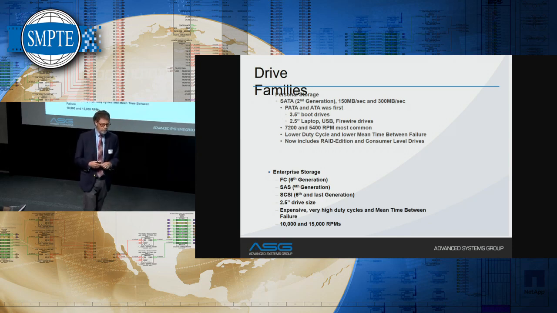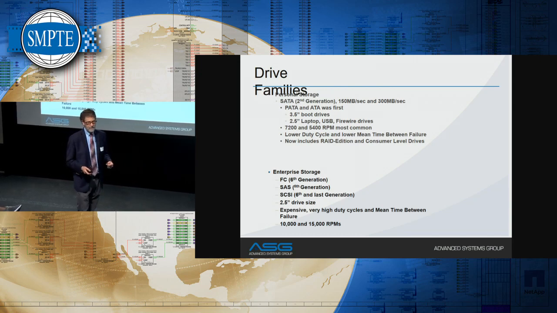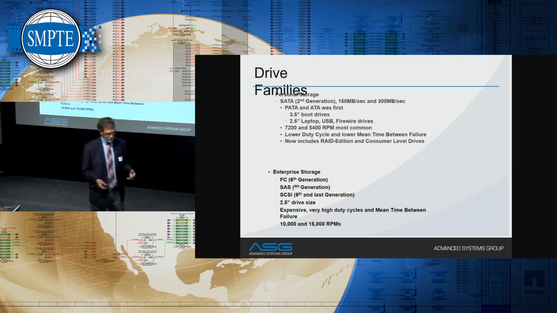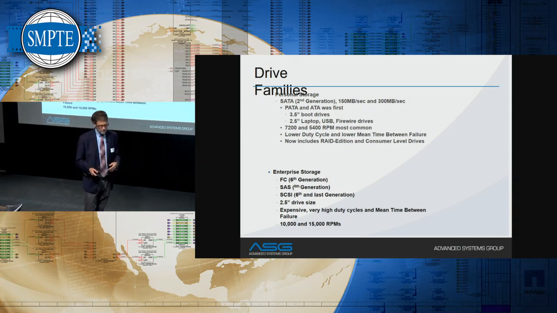You could think of it almost as the difference between a tire for your car that you buy at Big O and the tire that goes on an Indy car. A big difference about when it spins at 5,400 RPM or 7,200 RPM versus 10,000 RPM. And that goes to performance, and how long this thing is going to last.